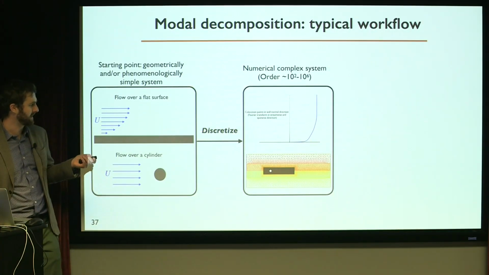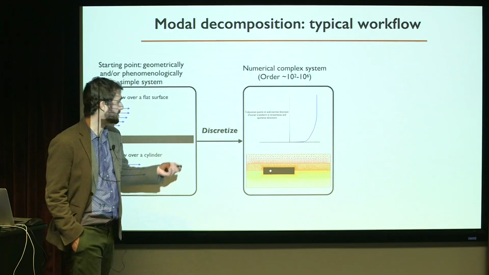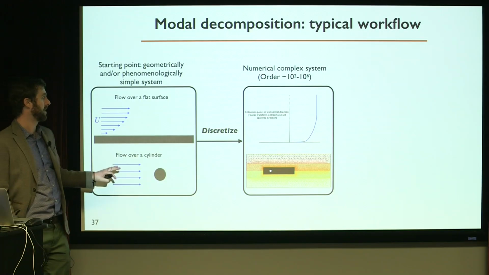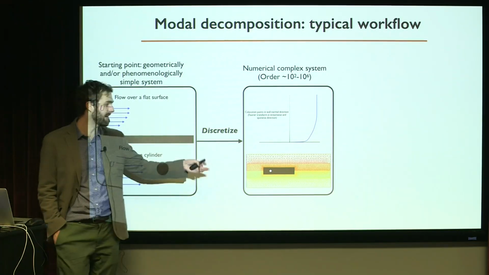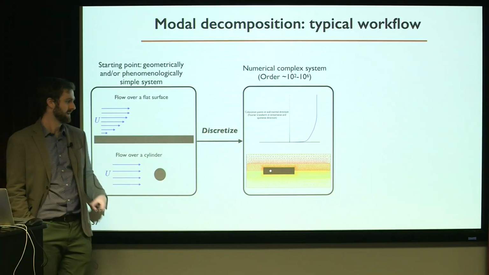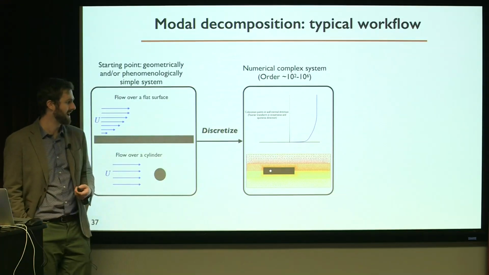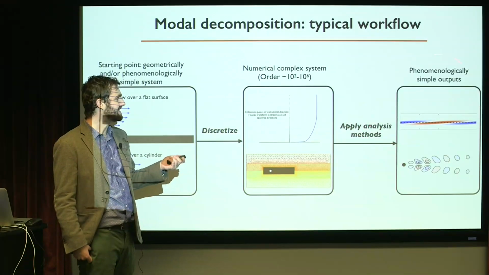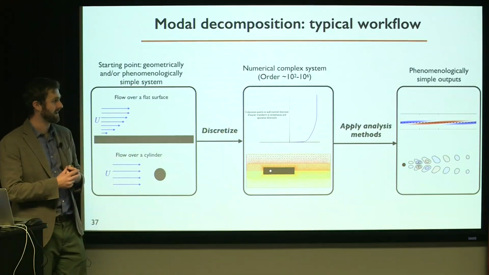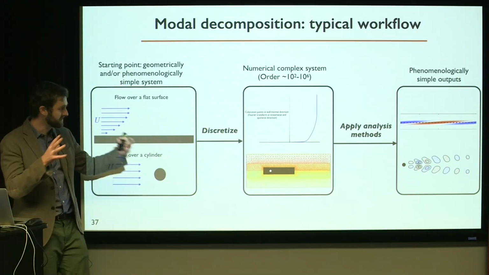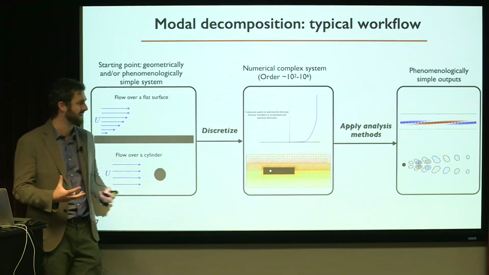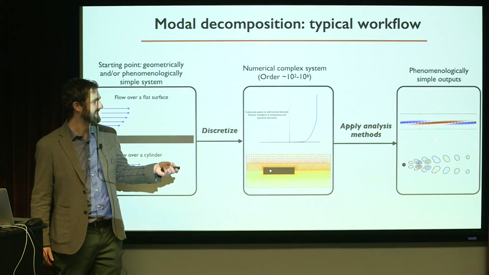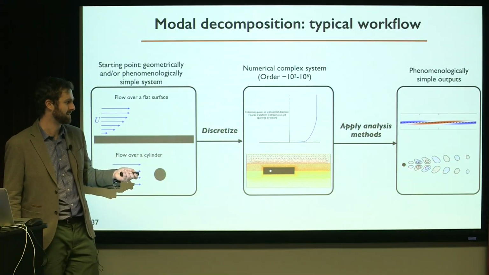However, to do an analysis, typically what we do is we discretize our system. And then all of a sudden, what started with at least a phenomenologically simple system becomes numerically quite a complex system, or a system that potentially requires some computational effort to start to pick apart. But then if we look at the answers that we get, particularly when we're looking at these modal decompositions or reduced complexity modeling, almost by design, the outputs that we get are quite simple because we want them to be.